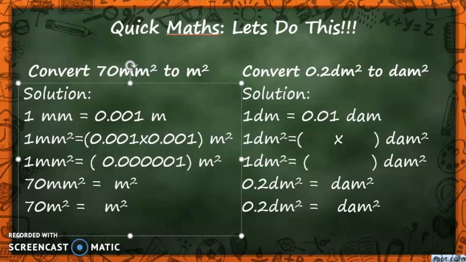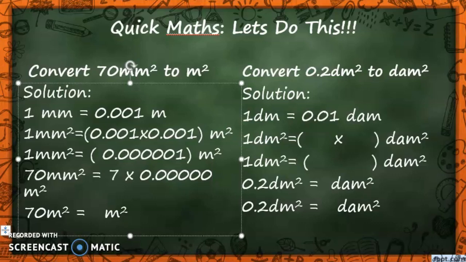Very simple. Alright, so knowing that, we simply multiply this by 70.